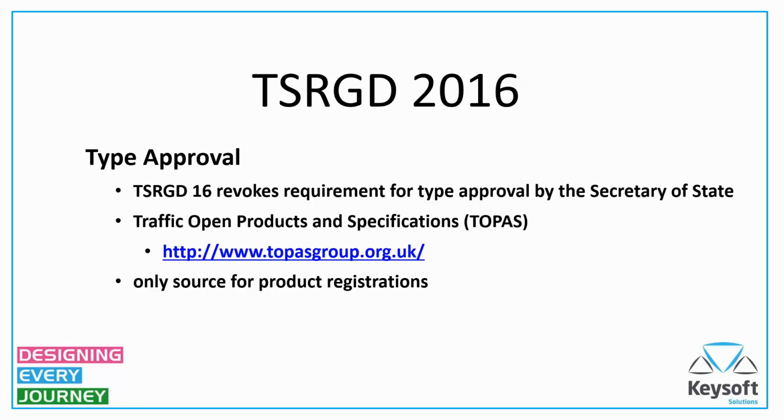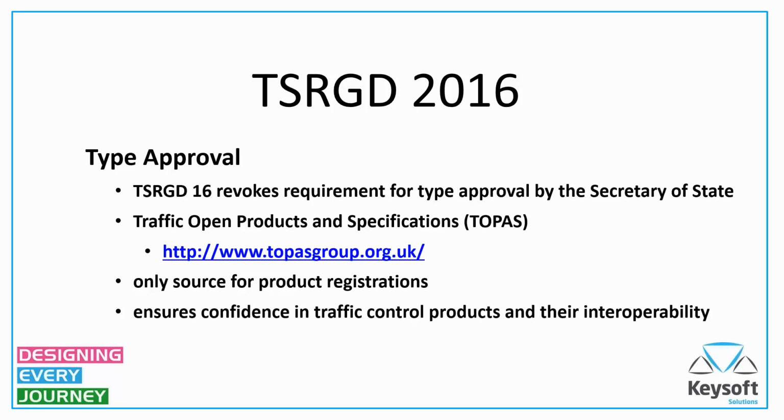So anybody who's involved in that area or wants to ensure that the products that you're purchasing for use on your traffic schemes are going to be interoperable and will operate as claimed by the manufacturer. So it is a voluntary scheme, but there are some 100 plus, maybe as much as 150 products already in the register, and of course it is going live tomorrow.